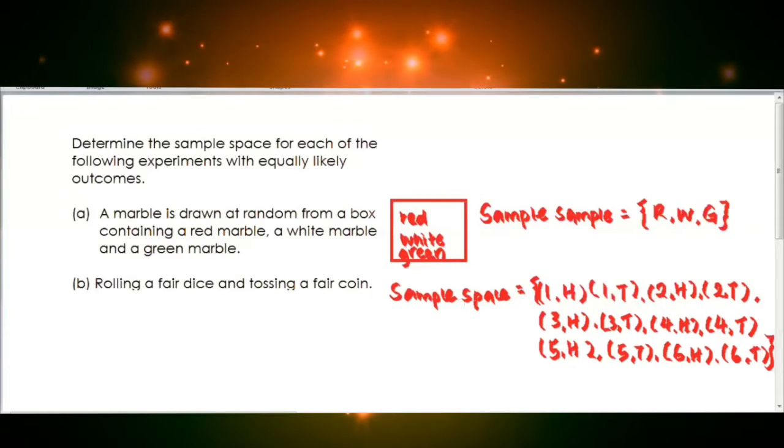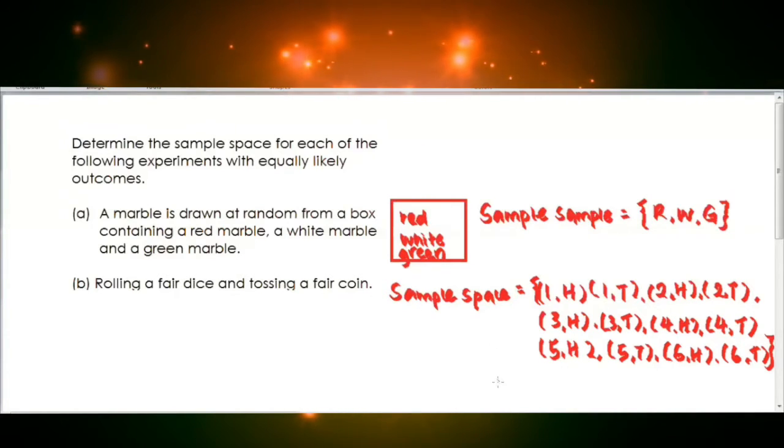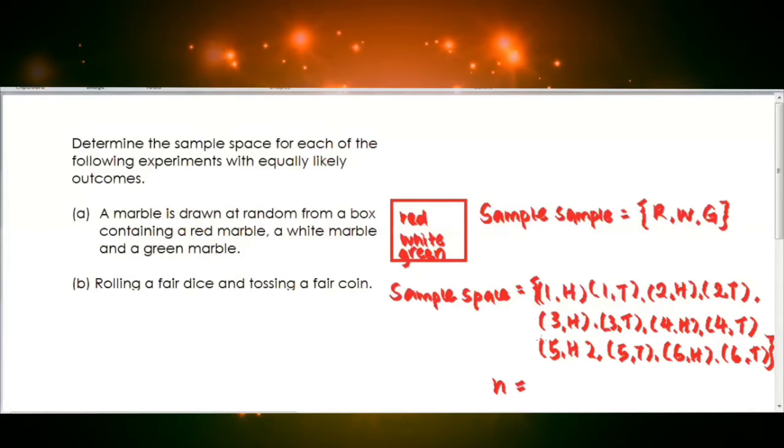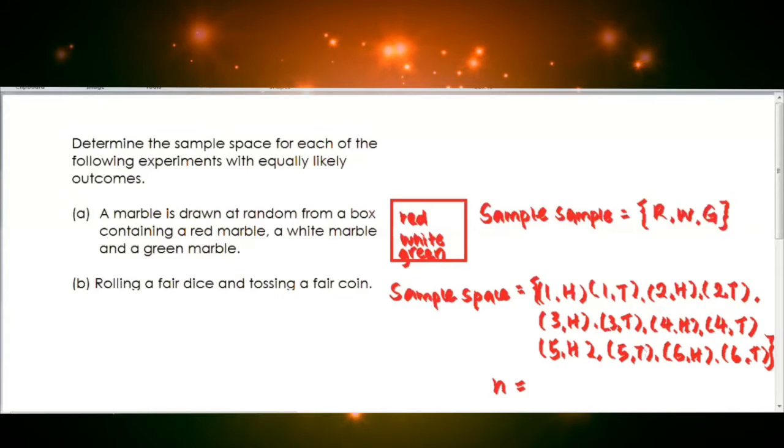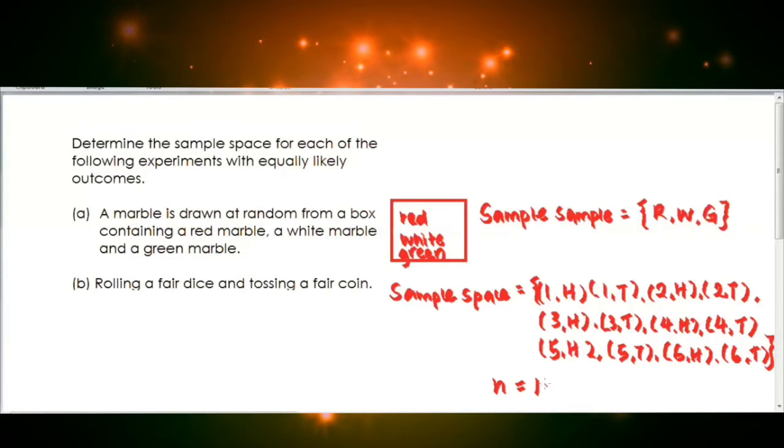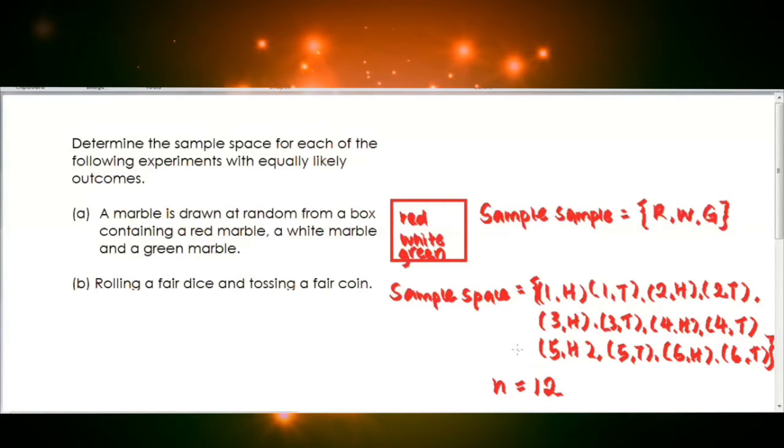So this is called sample space. How many possible outcomes do we get? 1, 2, 3, 4, 5, 6, 7, 8, 9, 10, 11, 12. So we get 12 in the sample space. This is the answer.